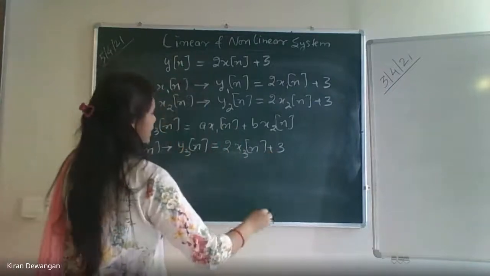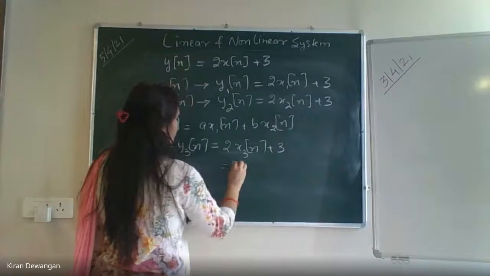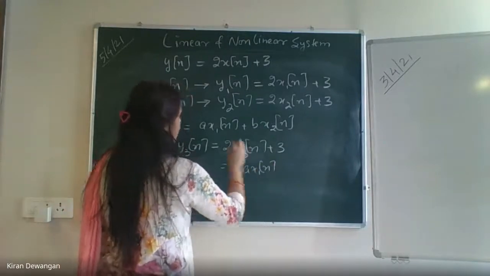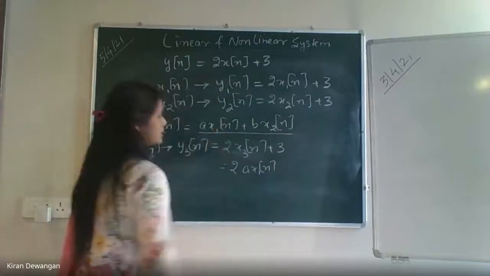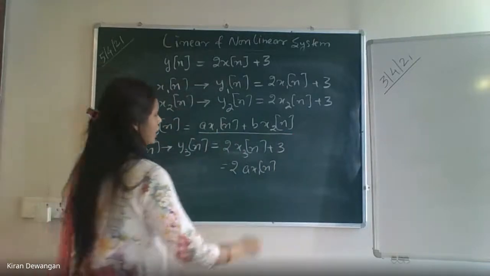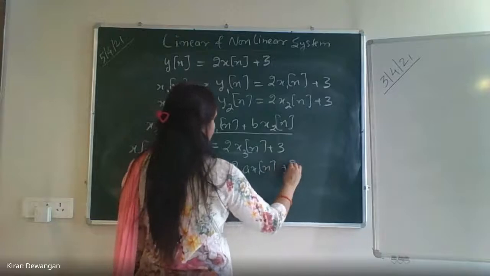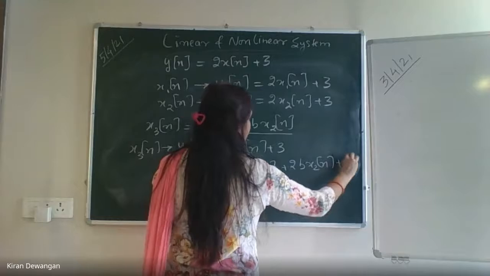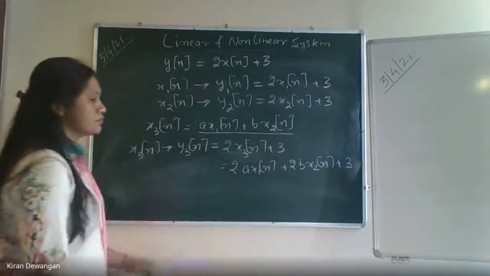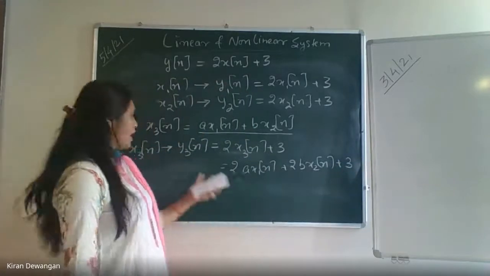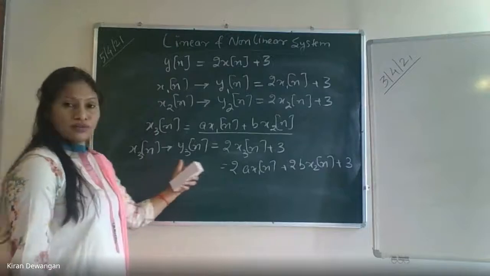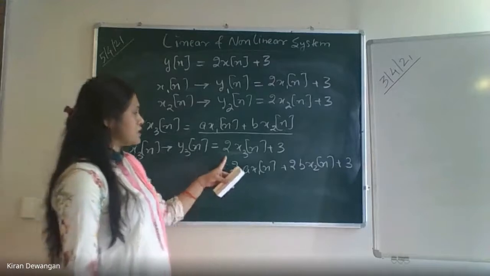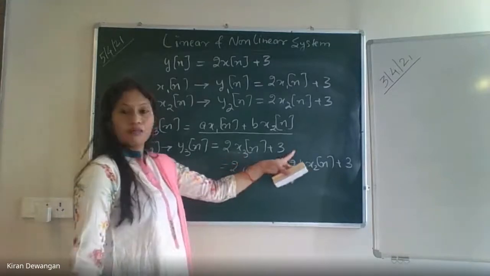Now what is my x3(n)? In place of x3(n), this will all be multiplied by 2: 2a·x1(n) plus 2b·x2(n) plus 3. When I apply x3(n) to my system, the output will be y3(n), and this is 2·x3(n) plus 3.